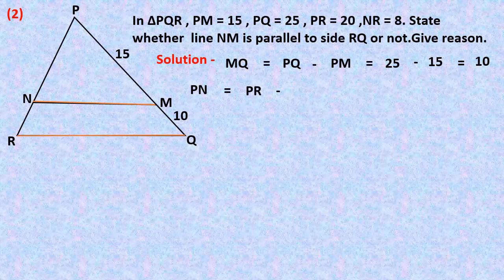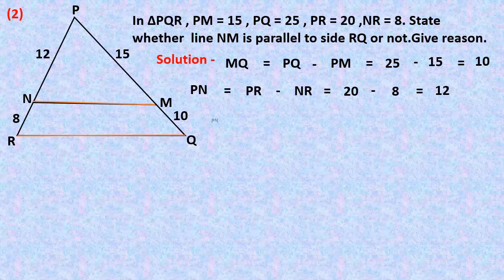For showing NM parallel to RQ, for that purpose, we show that NM divides two sides in the same ratio. First ratio is PN divided by NR, is equal to, substituting the value of PN is 12 divided by the value of NR is 8.